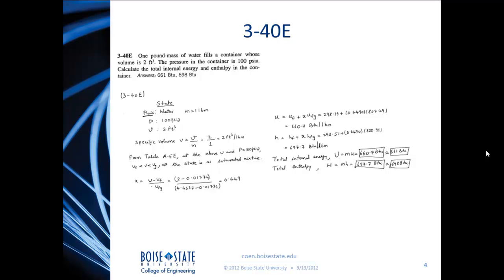Then you can substitute x and also the internal energy for the fluid, uf and ufg, from the table, and you determine u, which is the internal energy per unit mass, and h, enthalpy per unit mass. Then the total internal energy, big U, will be mass times the internal energy per unit mass. So this way you would get the total internal energy and the total enthalpy.